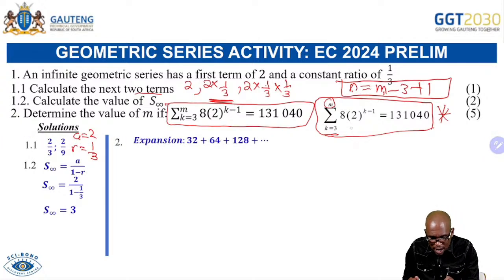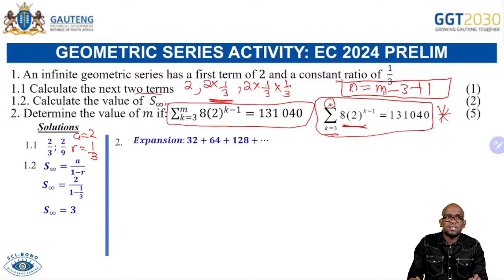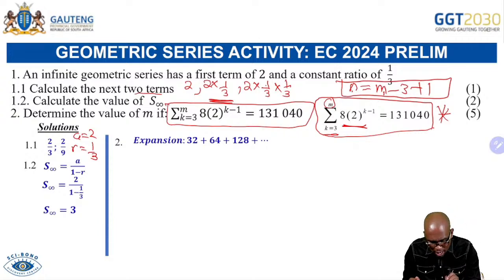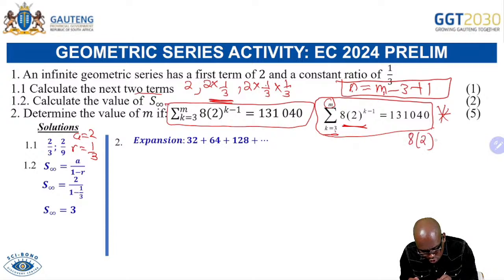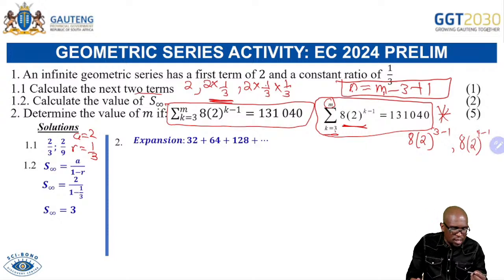We first expand because we are given the sigma notation. How do we do that? We're going to start by substituting 3. So this is 8 into 2 to the power 3 minus 1. And then we go 8 times 2 to the power 4 minus 1. So that's how you expand.